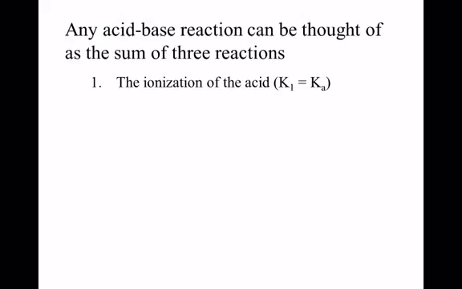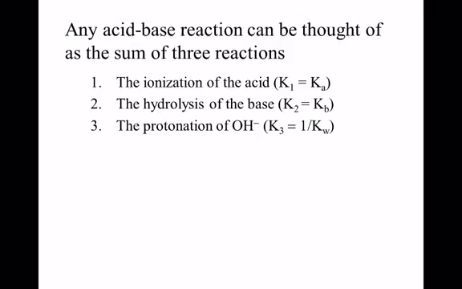So any acid-base reaction can be thought of stepwise, where the acid ionizes, kicks off a hydrogen. The base absconds onto a hydrogen. So the kicking off of the hydrogen is the Ka of the acid. The absconding onto a hydrogen is the Kb of the base.